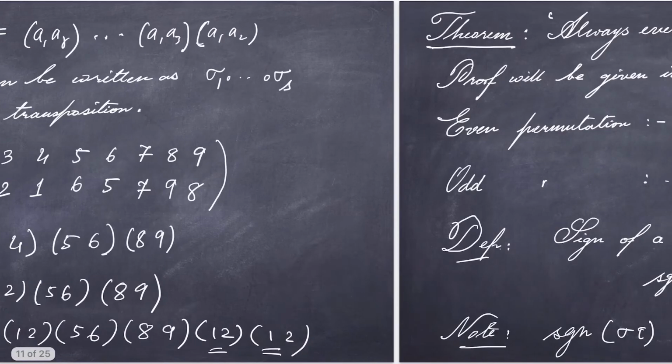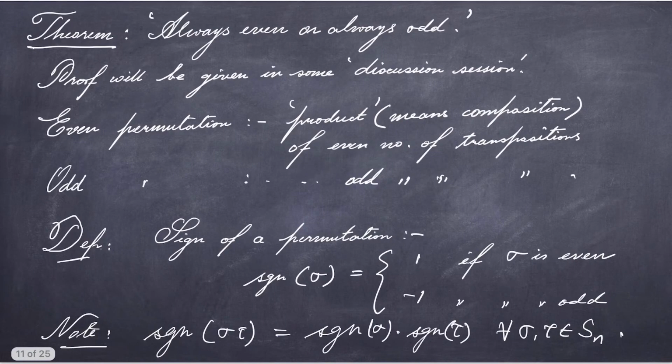In fact, this is the content of our next theorem, which is a very important theorem. Loosely speaking, it says always even or always odd. So what it means is, given a permutation, the number of transpositions whose product is that given permutation is either always even or always odd.